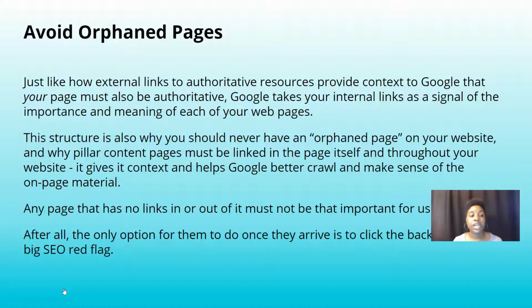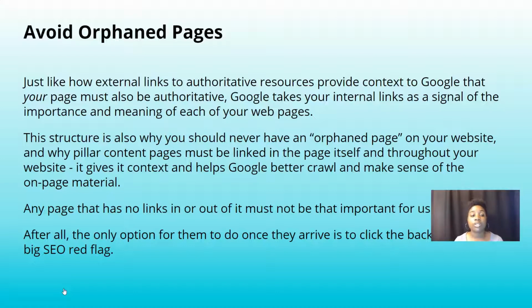Just like how external links go out to authoritative resources and provide context to Google that your page must be authoritative, Google takes your internal links as a signal of the importance and the meaning of each of your web pages.